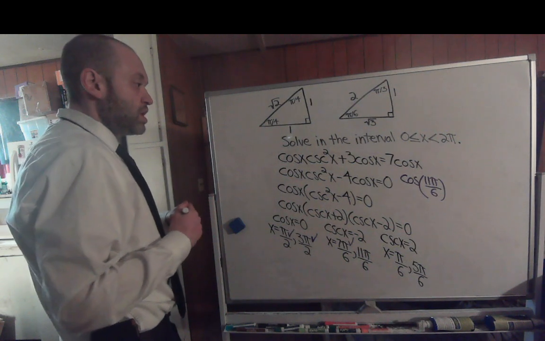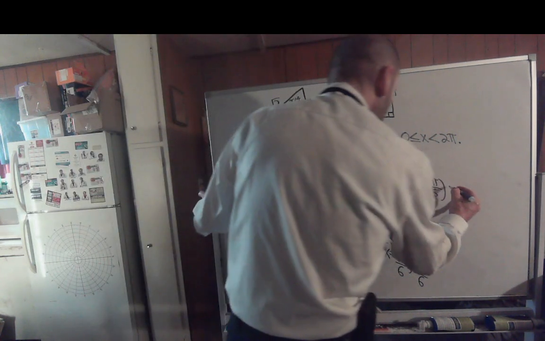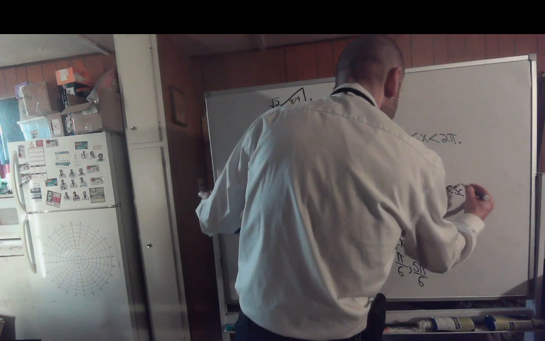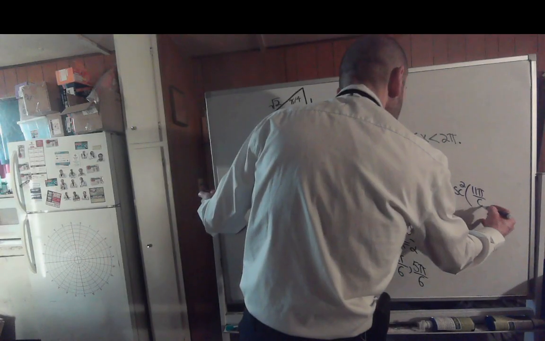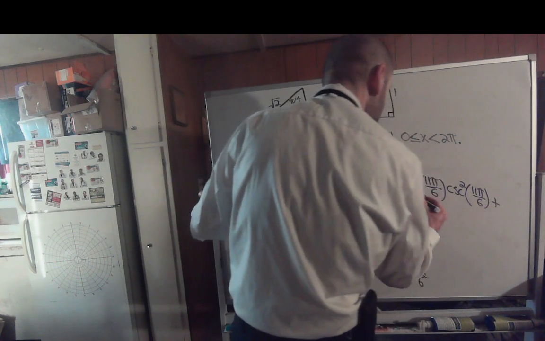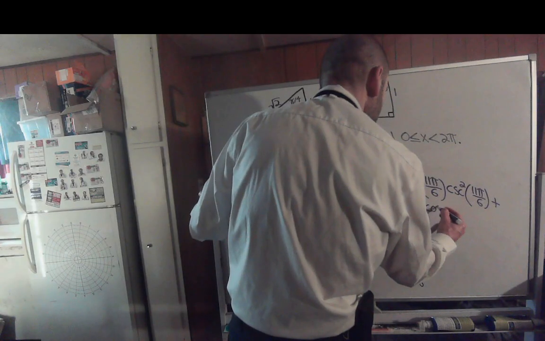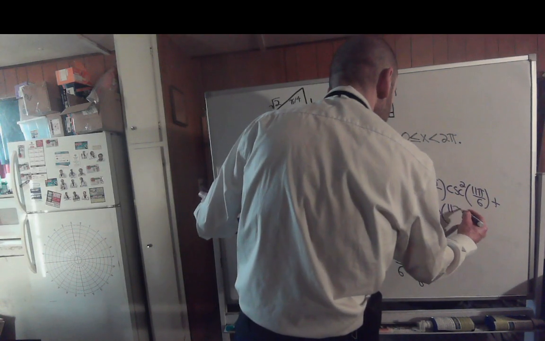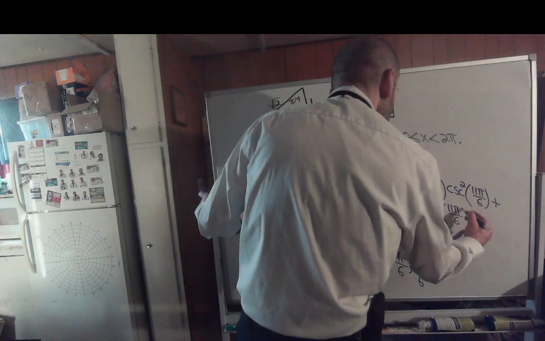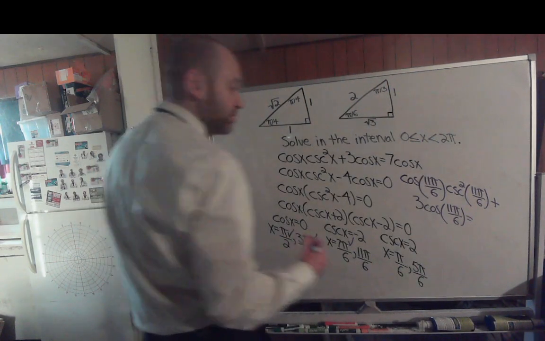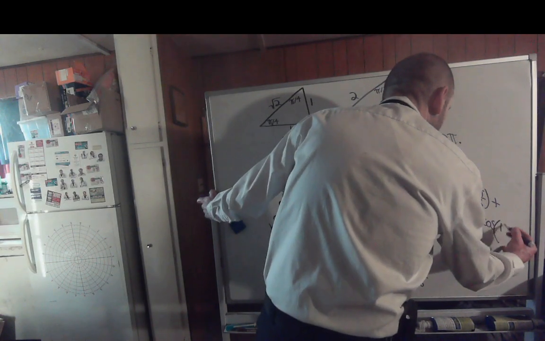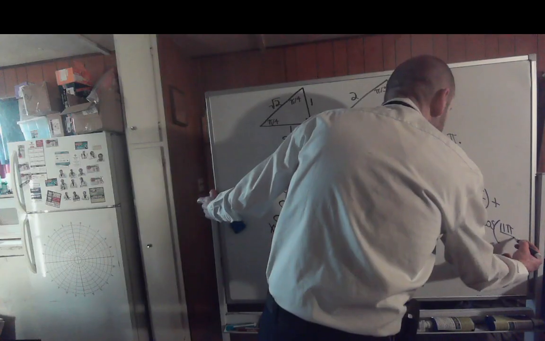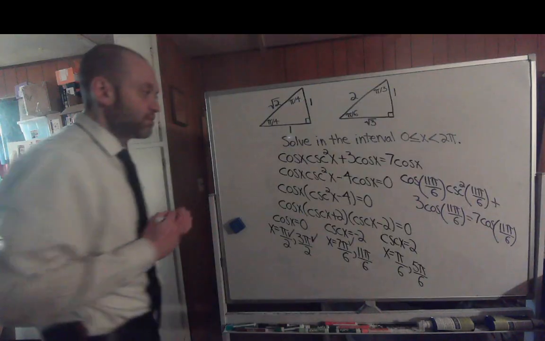Now, this will be times the cosecant squared of 11 pi over 6 plus 3 times the cosine of 11 pi over 6. Would that in fact equal 7 times the cosine of 11 pi over 6? All right, well, what is the cosine of 11 pi over 6?